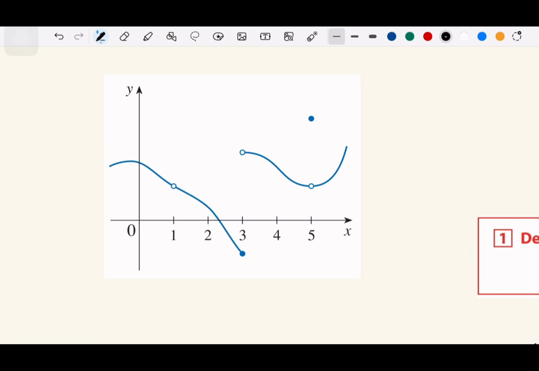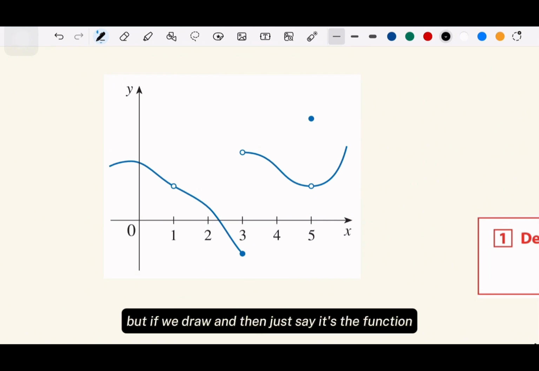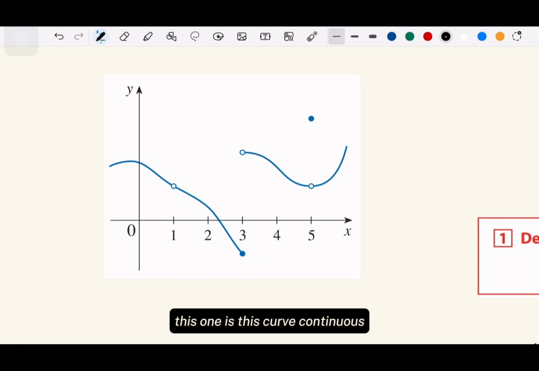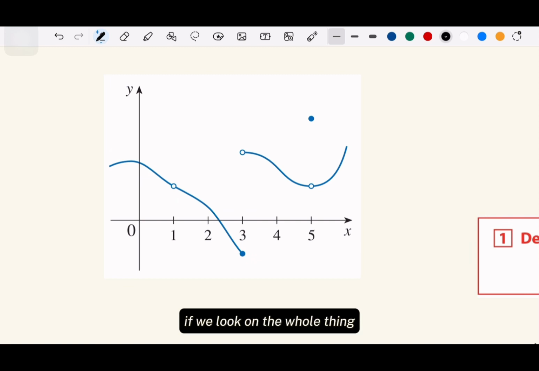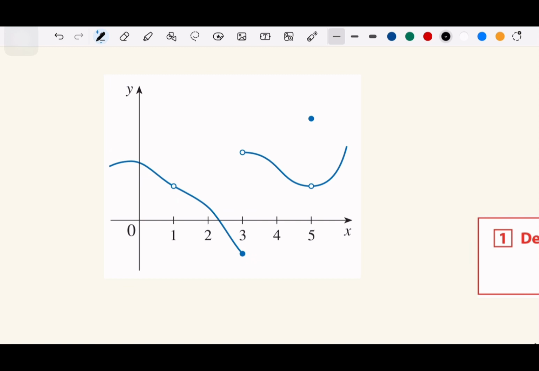But if we draw this and then ask, is this curve continuous? No, or yes? If we look at the whole thing, it's not continuous, right?